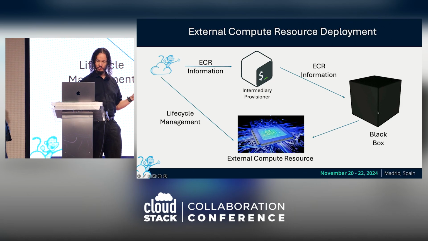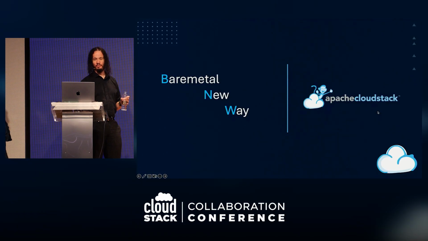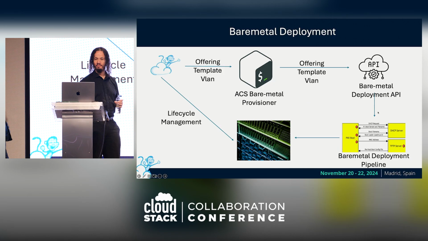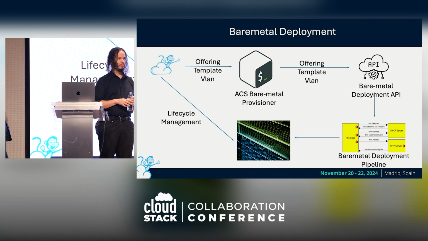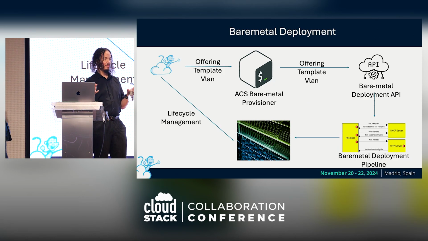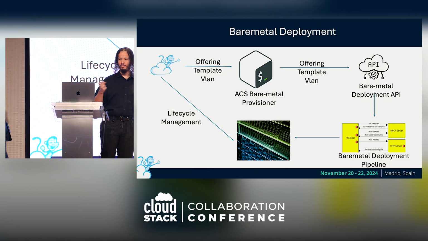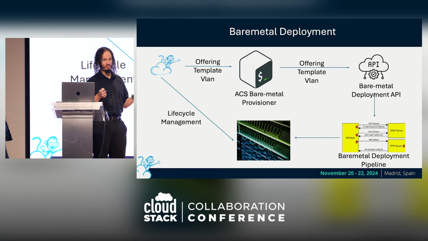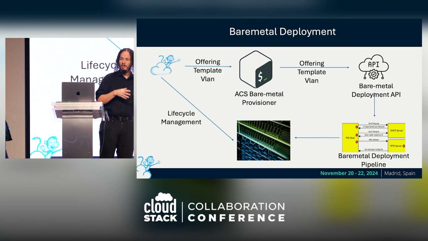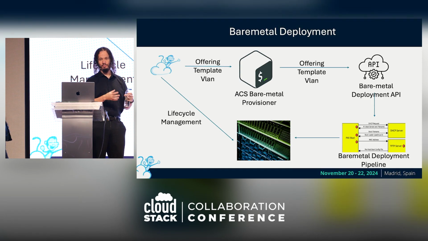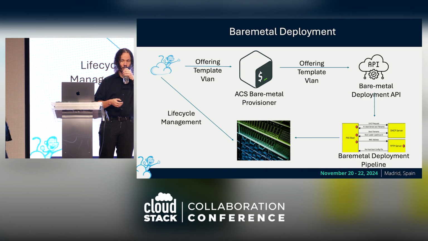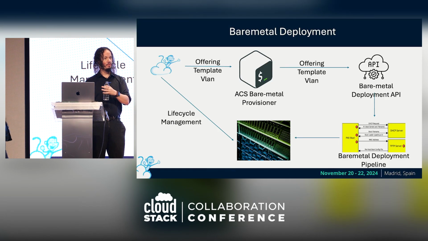So let's see how to do that bare metal now, this new way of bare metal. In this case, CloudStack passes the basic information needed, offering, template, VLAN, which can be VXLAN or any segregation method, through this provision script that then talks to the API.